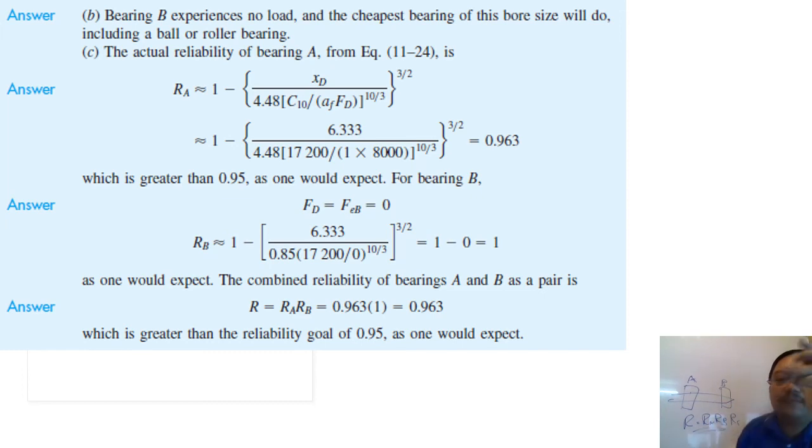The cheapest bearing of this bore size will do, including a ball and roller bearing. The reliability should be greater than 0.95 as one expects for bearing B. The desired equivalent load is 0. So you put this in, you get 1, and you get the reliability of 0.93, which is compared against the desired reliability of 0.95.